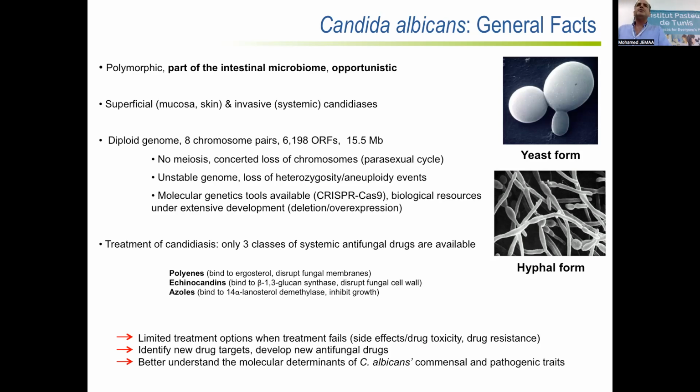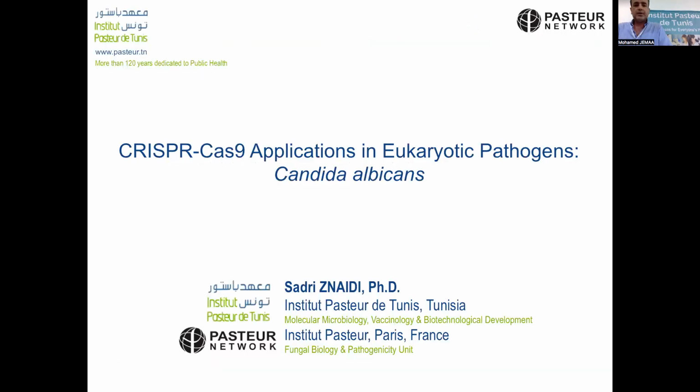And this form is important for its ability to cause disease. It is part of the intestinal microbiome, so it's part of the flora. And it's an opportunistic yeast, meaning that it causes infections in immunocompromised patients. And these infections can be superficial, but also systemic.